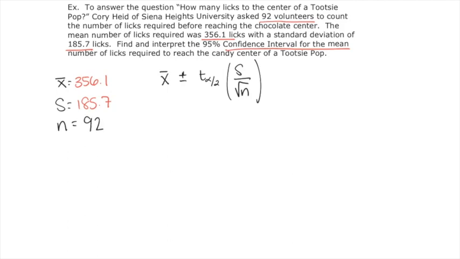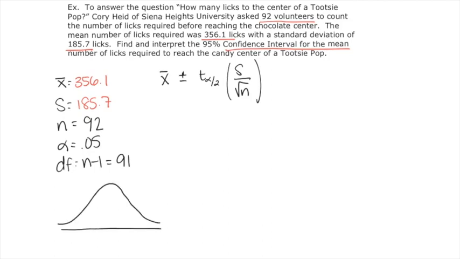And since our level of confidence is 95%, we know alpha is equal to 0.05. To find our critical value, we also need to mark our degrees of freedom, which is n minus 1, or 92 minus 1, which is 91. Alpha represents the total area in both tails.